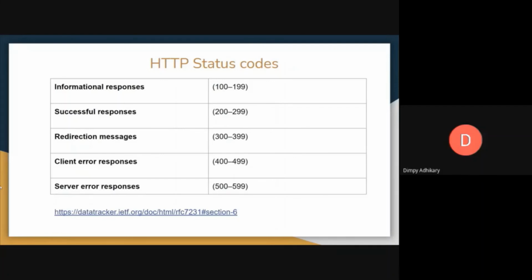Basically, these are the 5 key groups. For status codes, informational responses are between 100 and 199. Success is 200 to 299. Redirection means the 300 range, client error means the 400 range, and server error means the 500 range.